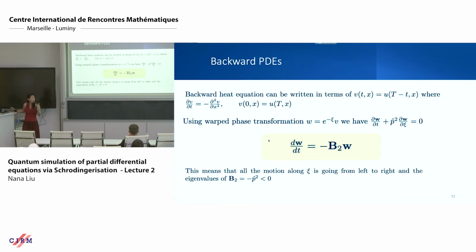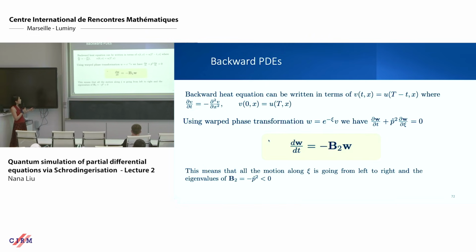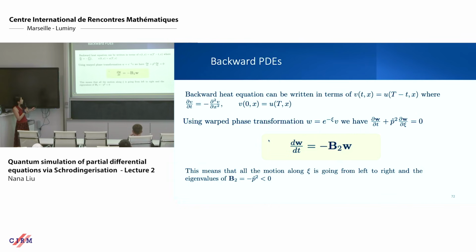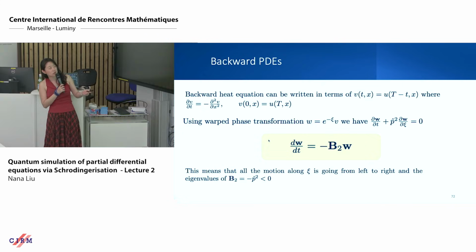But now if we do the backward equation, so here, if we write the backward equation in terms of another variable, V, where this is the backward propagating part, then we look at our new equation, with the initial condition now having a minus sign.